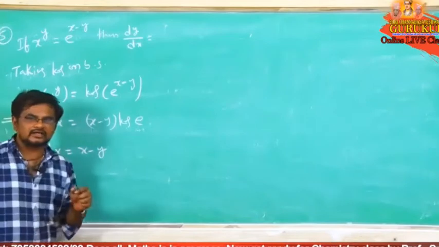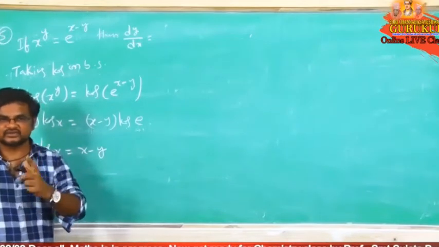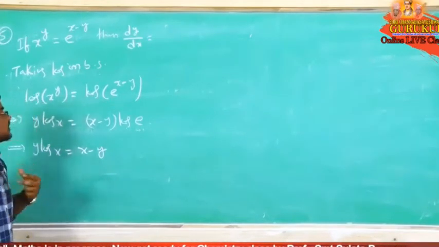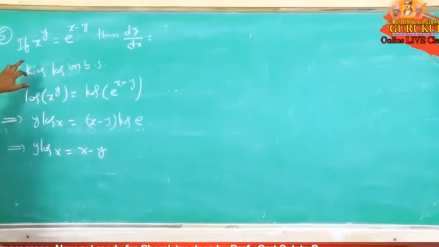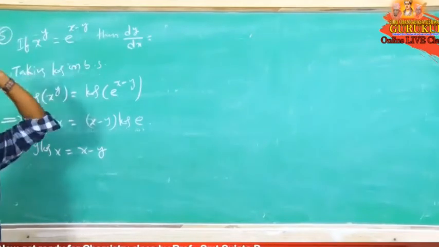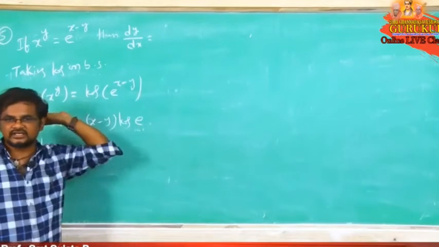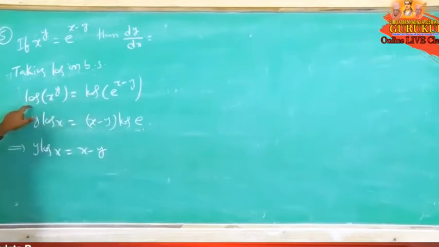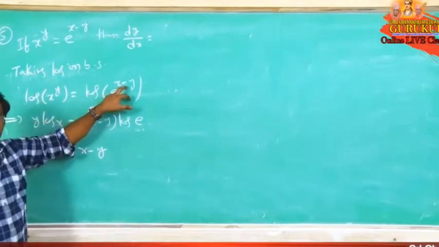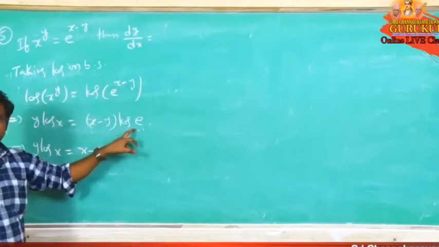Directly you can differentiate with respect to x on both the sides. What did we take? x power y equal to e power x minus y. Taking log on both the sides, log of x power y equal to log of e power x minus y. Log of a power m formula: y into log x, here x minus y into log e.